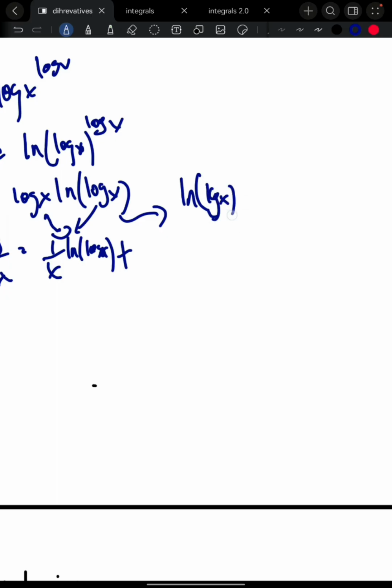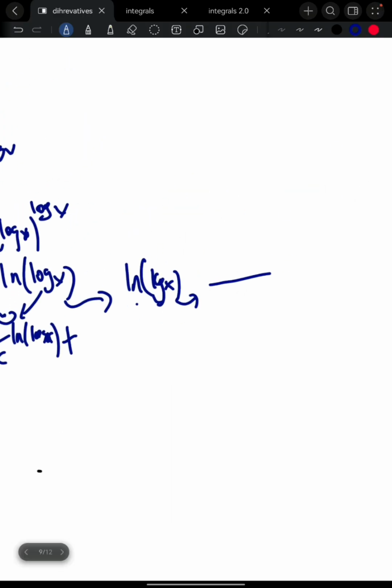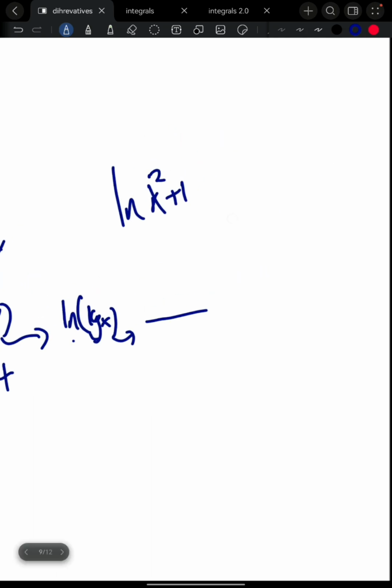Anyways, first of all, you're gonna differentiate this. Whenever you have ln of a function, like x squared plus 1, the way I think of this is like a fraction. I put the function down here, then I differentiate it.